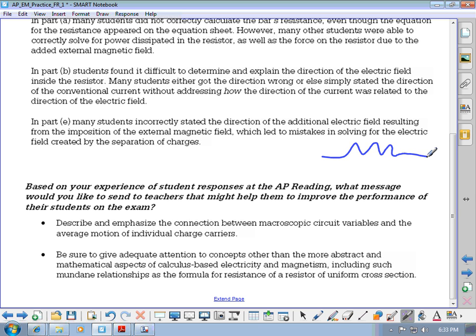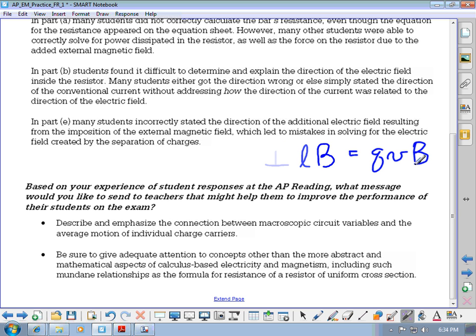Those charge carriers are pushed by electric fields, and if there's a magnetic field there, yes, there's a magnetic force on a current carrying wire, but we came up with that. We came up with ILB from using QVB. The current was charge per time.